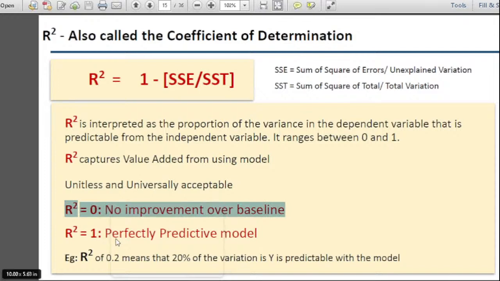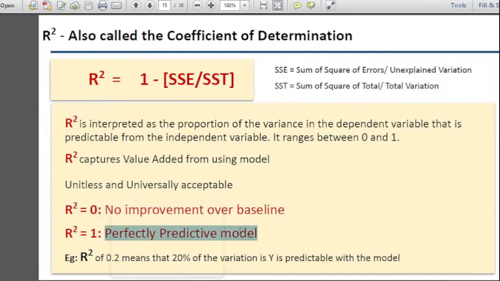If R square is 1, I'm able to predict perfectly, though we are not God, so we cannot bring R square to 1. We can bring it closer and closer, but we cannot bring R square to 1. Also, we will understand why we should not be chasing R square, and why I should not be only looking at R square. We'll understand that also. Okay?